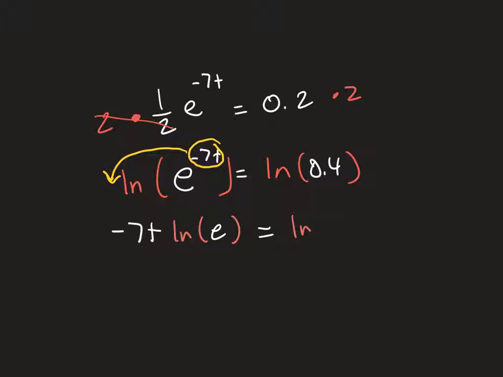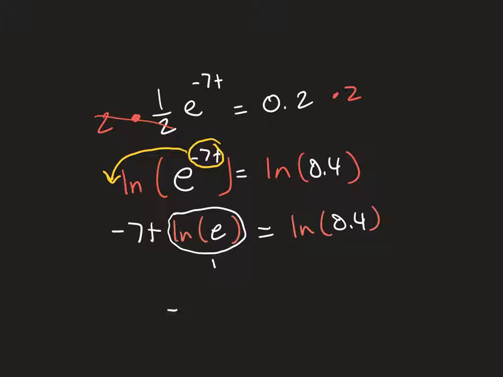Natural log of 0.4 is just some value we will compute on our calculator in a minute. But on this side, the natural log of e is just a 1.